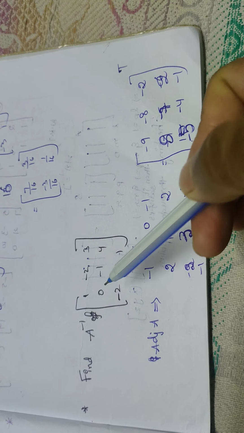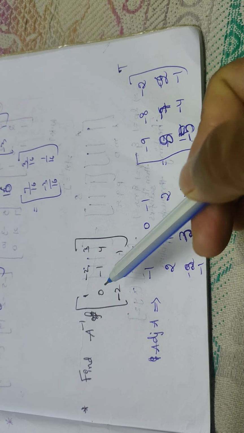5 into 1 is 5, minus 6, minus 6, it is minus 6, minus 6, minus 12 plus 5, so it is not equal to 1, so no need to verify the remaining columns. Next, 5 into 1 is 5, minus 8, minus 6, so 5 minus 8 minus 6 is also not equal to 1 if you add the corresponding values.